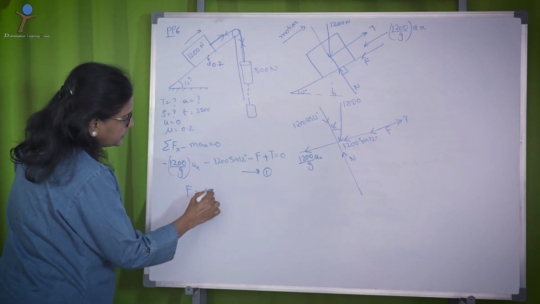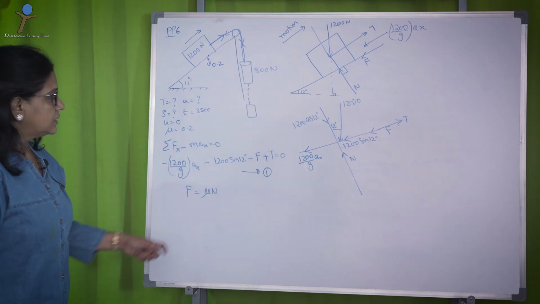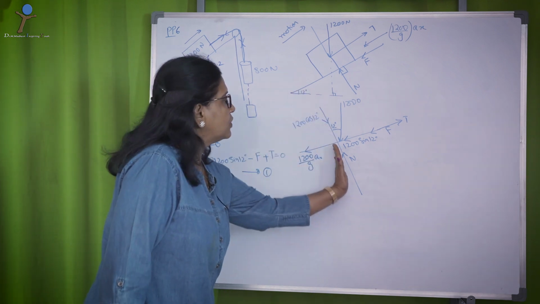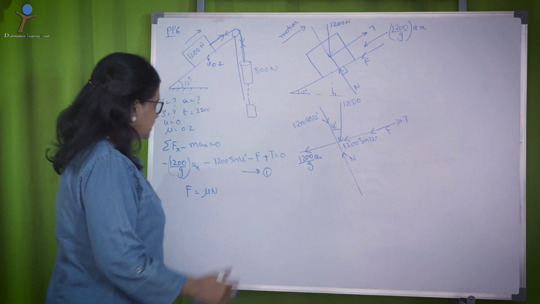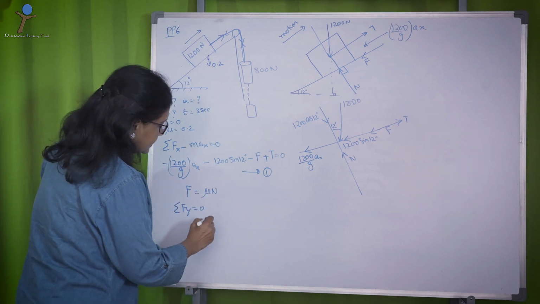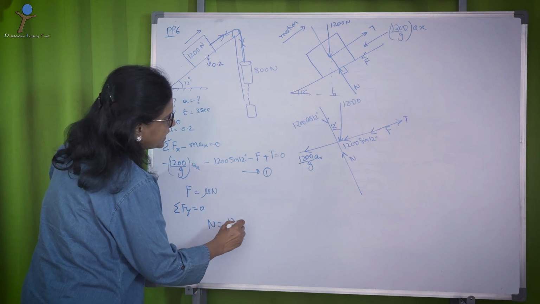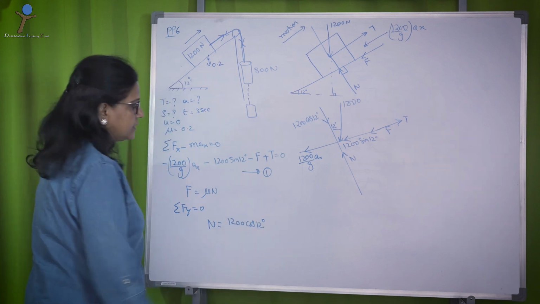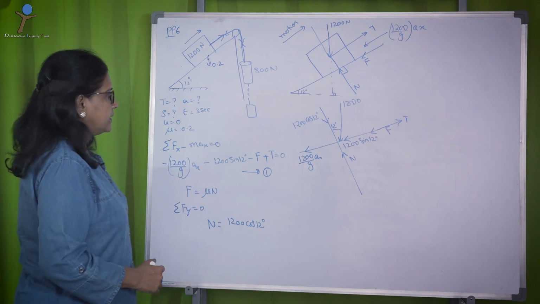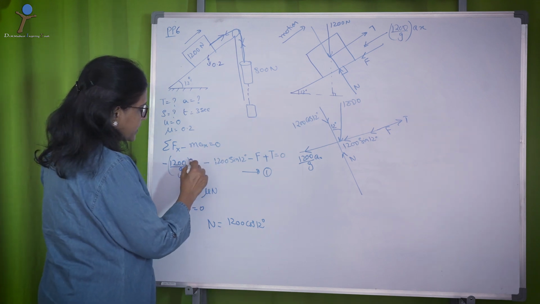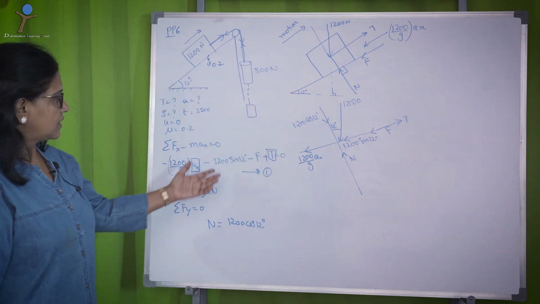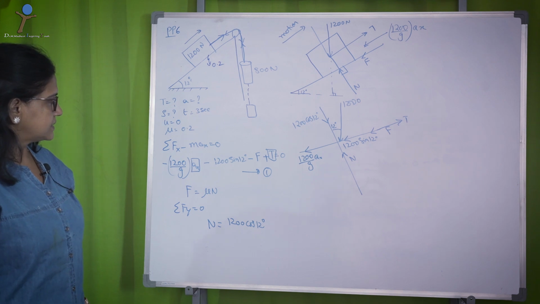F is equal to mu into N. Now, you need to determine what is N. For that, since there is no motion in Y direction, you just have to take sigma Fy equal to 0, where N is equal to 1200 cos 12 degrees. Substitute this value of N into the equation and you still have two unknowns, one is a, other one is T. So, you need one more equation to solve.